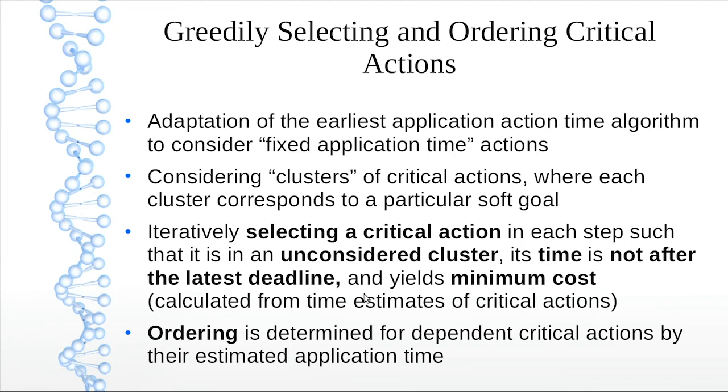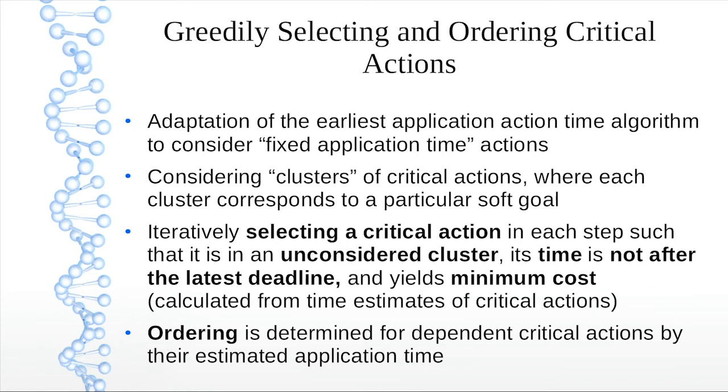The time of the critical action is not estimated to be after the latest deadline, and with all the possibilities in a given step, it yields a minimum cost of the plan. And the cost is estimated from the application time estimates of critical actions.